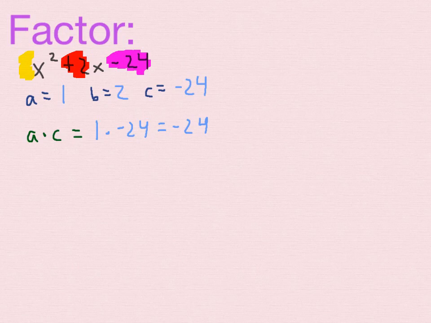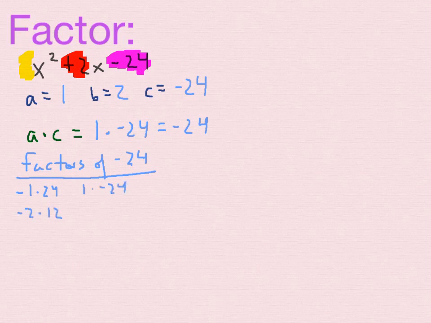Now, the next step is we need factors of negative 24. Thinking about this, we need to make the negative 24. So what I'm looking at here is negative 1 times 24 and 1 times negative 24.